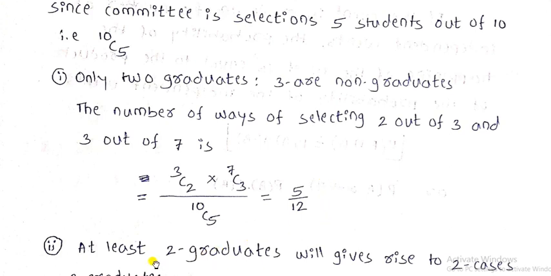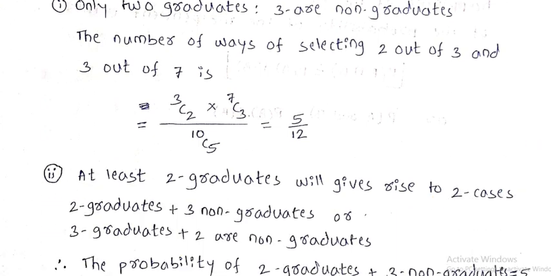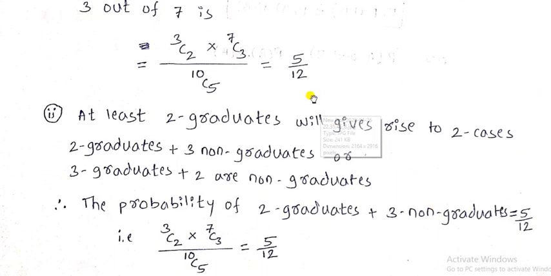Then the second one, at least 2 graduates, gives rise to 2 cases. The first is 2 graduate students and 3 non-graduate students, and the second possibility is 3 graduate students plus 2 non-graduate students.